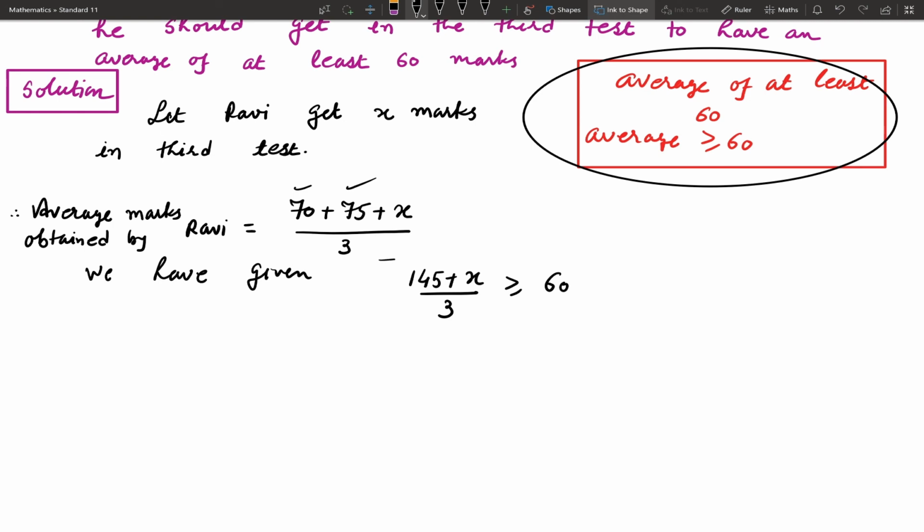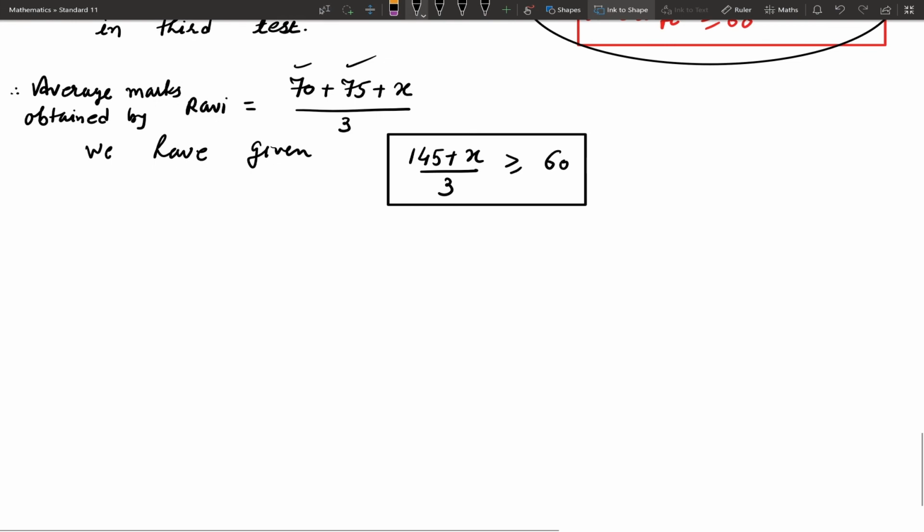How to form this inequality is very important. Since the average must be at least 60, if it were less than or equal to 60, that is below 60, then you have to write the less than or equal to sign. So we have formed this inequality.